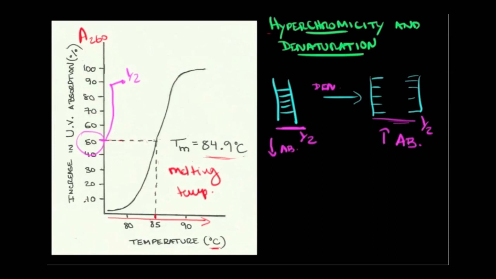If you go up, increasing the temperature more and more, you reach 100% absorbance, meaning that all the double-stranded DNA molecules have become single-stranded. At this point you have 100% absorbance because 100% of the molecules in the solution are found in the single-stranded form.